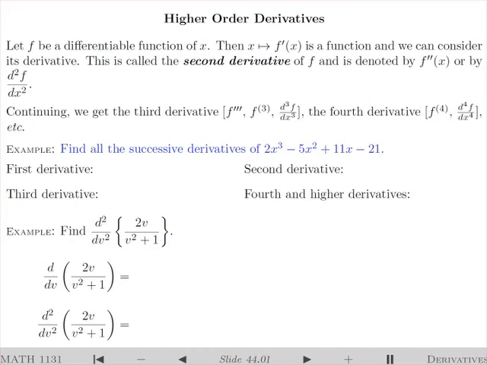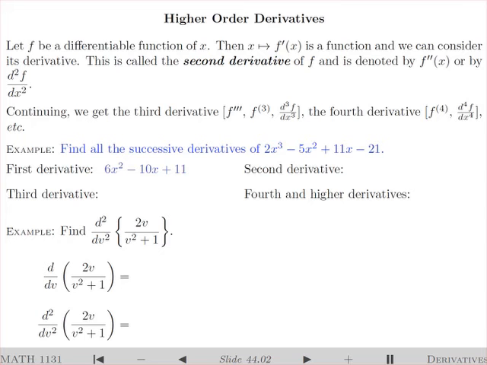Let's start with a polynomial. So we'll go ahead and calculate all higher order derivatives. Here I have a polynomial 2x cubed minus 5x squared plus 11x minus 21. Differentiating polynomials is easy. You just differentiate term by term using the power rule. So here I get 2 times 3x squared or 6x squared, minus 5 times 2x or minus 10x, plus 11, and then minus 0.